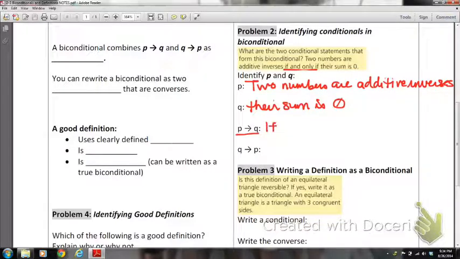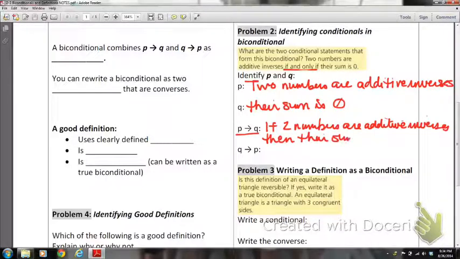So if two numbers are additive inverses, then, stating the conclusion, their sum is 0. And that is a true statement.